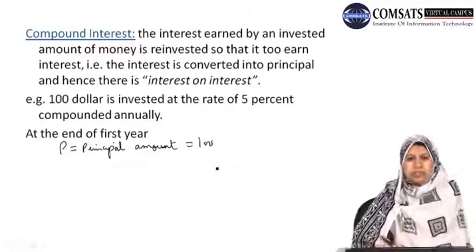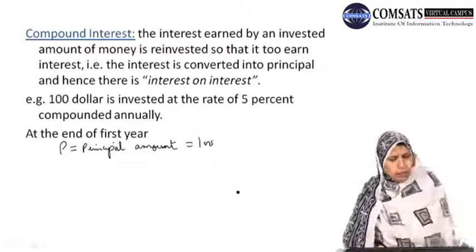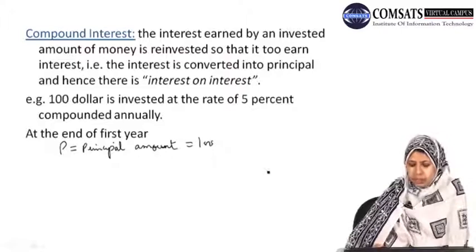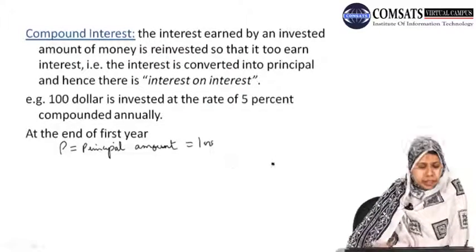Initially the principal amount is 100 and we are given the rate of 5% compounded annually.